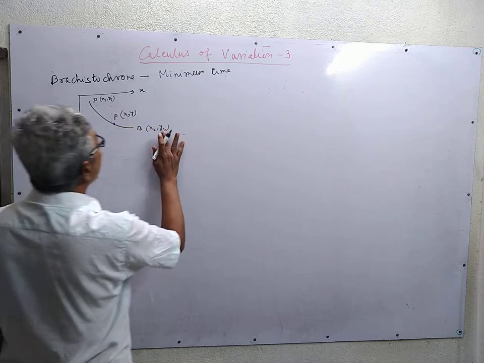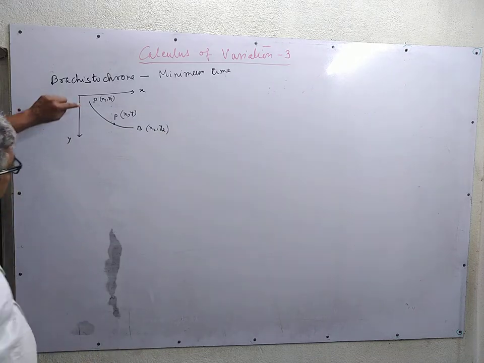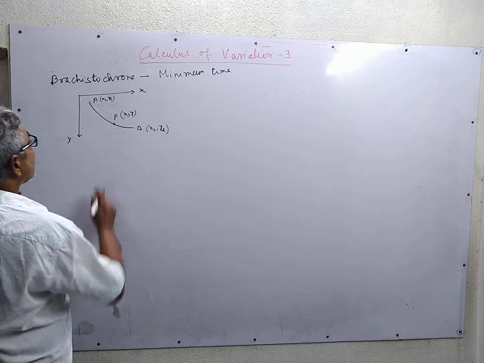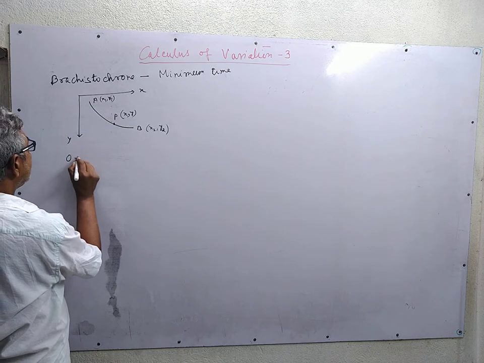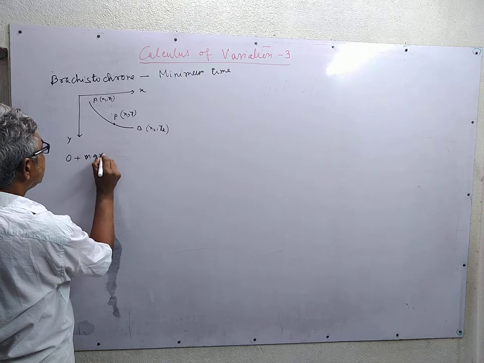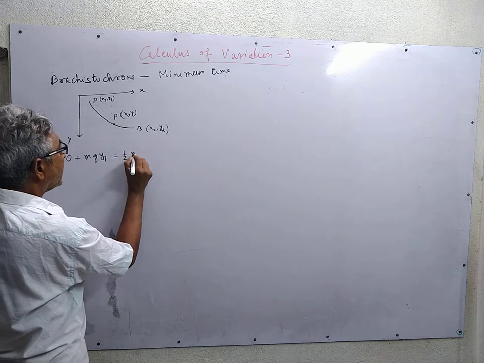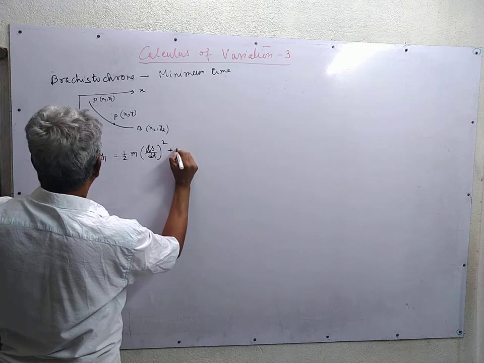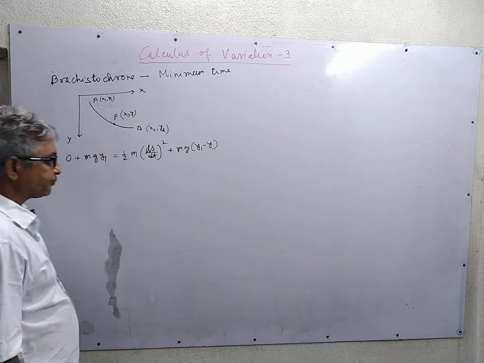Since it is moving under the action of gravity, and it has started from rest at point A, if we apply the energy conservation principle at point A, then we have 0 plus mgy1, and at P it is half m (ds/dt) square plus mg(y1 minus y).